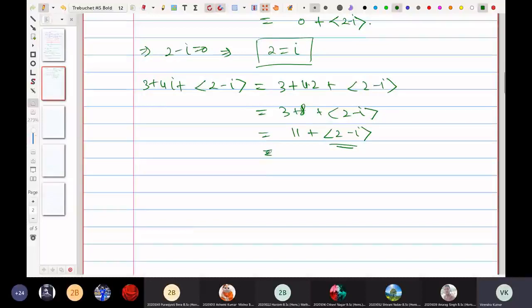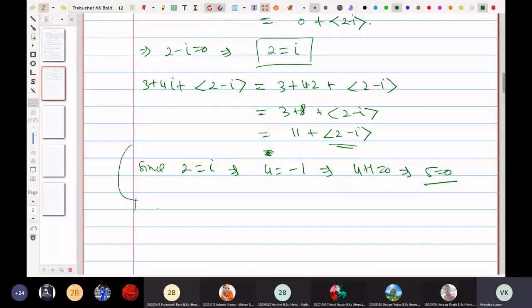For this, let us consider that since 2 equals i, this implies 4 equals negative 1. Interesting. This implies that 4 plus 1 equals 0, and this implies that 5 equals 0. So we have 5 equals 0.